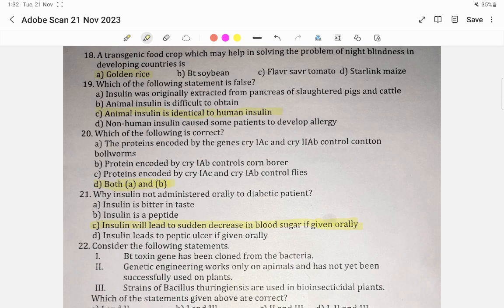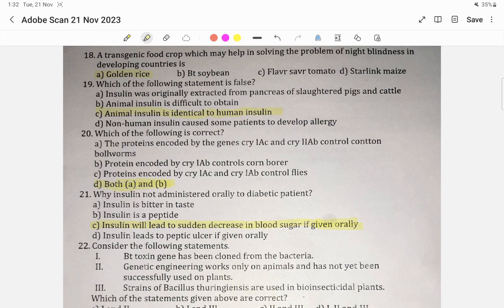We should remember that too; if they give that option, that is a correct one. Insulin will also be digested by the gastric enzymes within the stomach itself, by the proteinaceous enzymes.